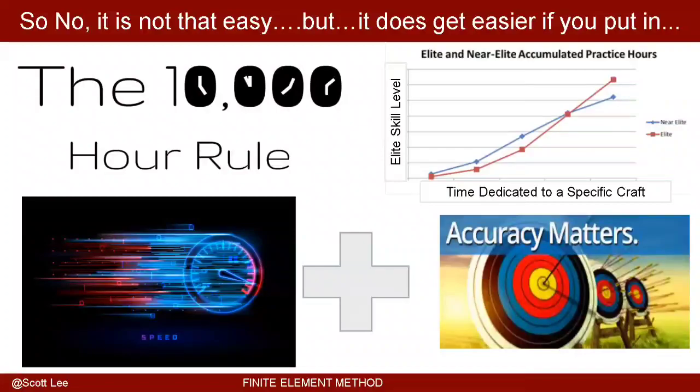It's very easy, like I said before, to make mistakes when you're modeling these large systems. The level of detail that you need is extreme, so you need to be highly focused when you're doing this job, because one little mistake can make your entire model inaccurate. So accuracy matters.